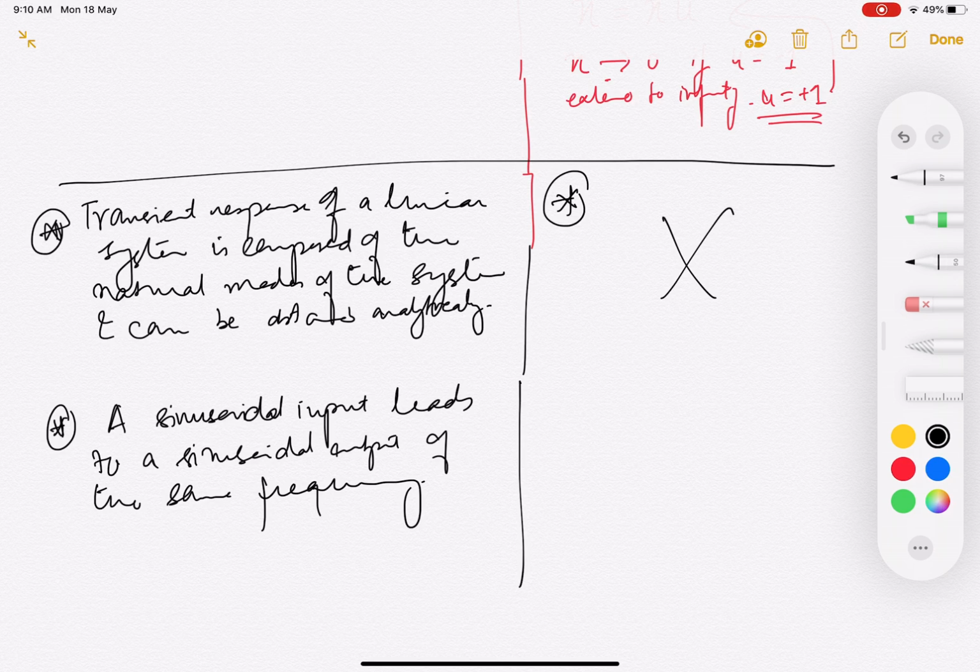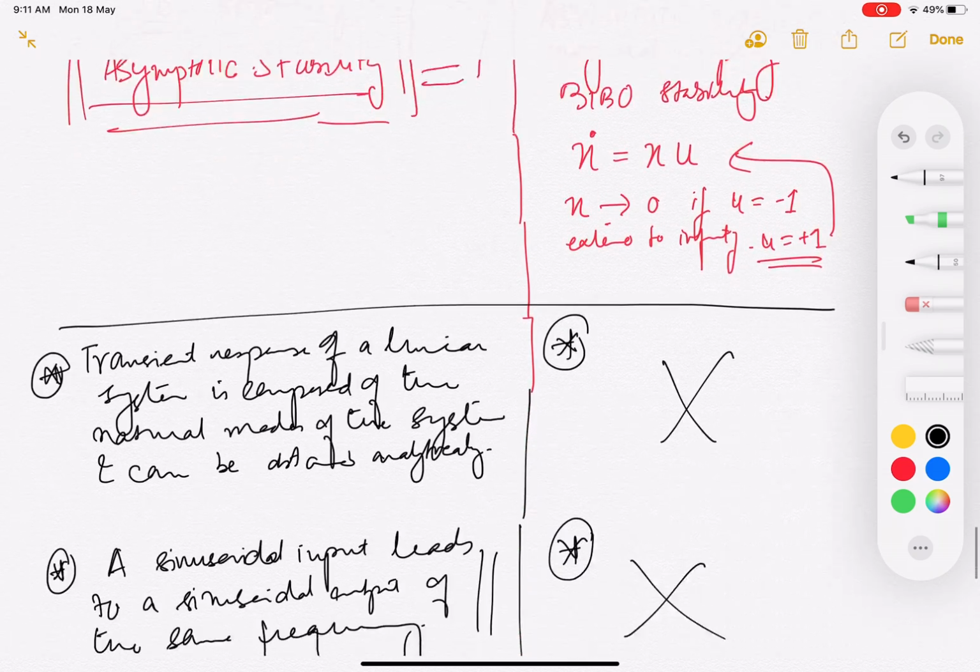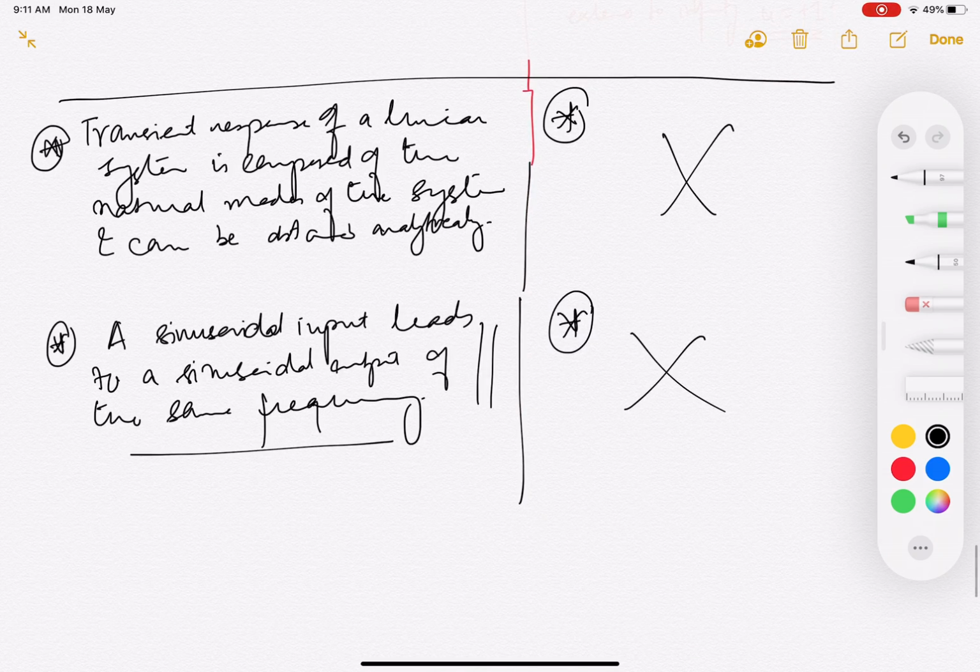And in electrical engineering, all our AC sinusoidal steady state analysis, whether it be for power systems or for machines, is based on this principle, because the underlying systems are treated as linear. So a sinusoidal input leads to a sinusoidal output of the same frequency, and because of this property you're able to draw phasor diagrams and other things, right? But this property is again not present in nonlinear systems, right? So this was about stability and a little bit of an idea about input output response and the difference between a linear system and a nonlinear system.